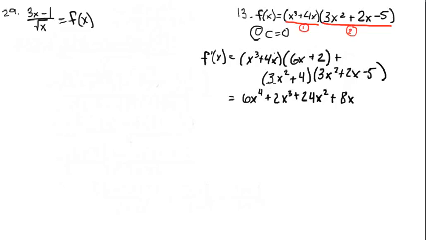We'll do the next one. We need to take 3x squared and multiply it to each one of these. So 3x squared times 3x squared gives 9x to the fourth. 3x squared times 2x gives 6x cubed. 3x squared times minus 5 gives minus 15x squared.